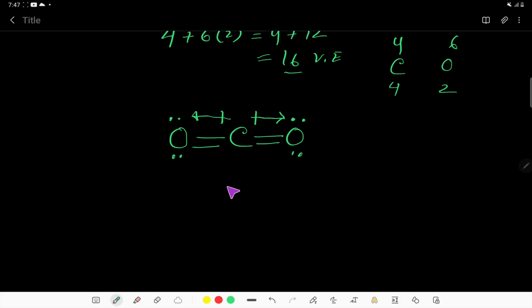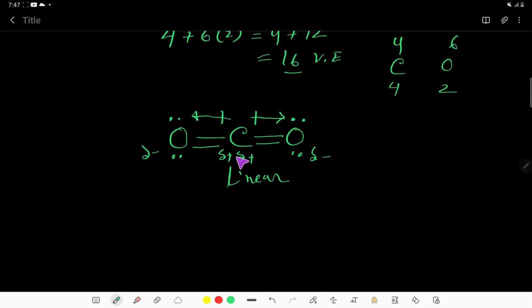We know that this carbon dioxide molecule is linear, right? Every bond, this bond, is polar, right? And this bond also is polar. So usually you may think that since CO2 has polar bonds, it must be polar, but the actual answer is the CO2 molecule is not a polar molecule, right?